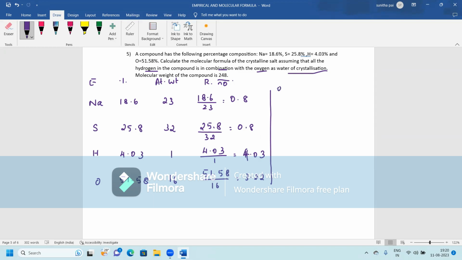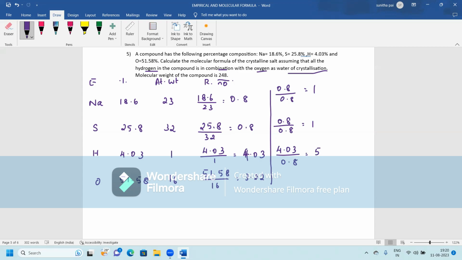Divide all the numbers by the lowest number. The first one is 1. The second one also is equal to 1. The third one is 4.03 by 0.8, that is equal to 5.